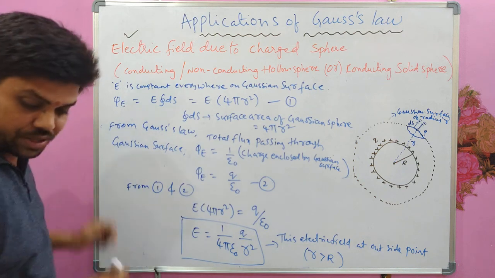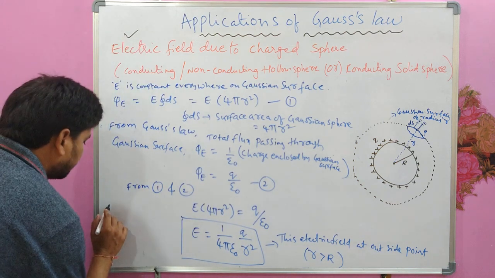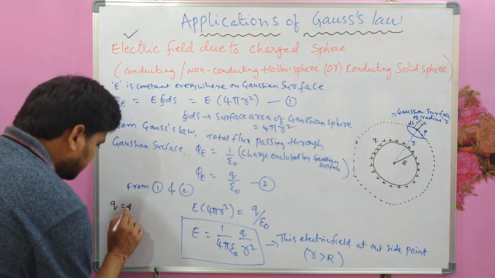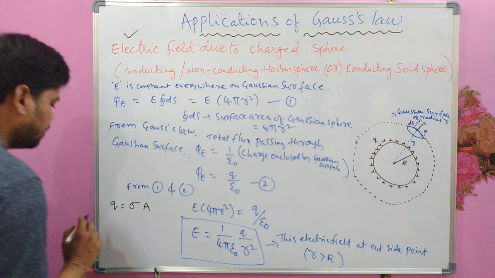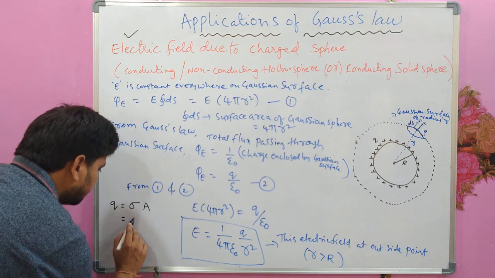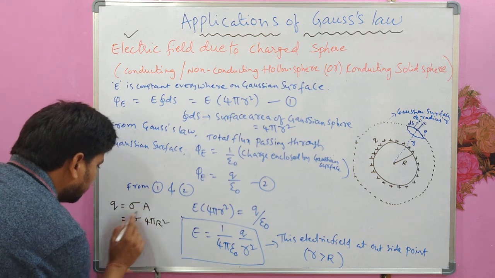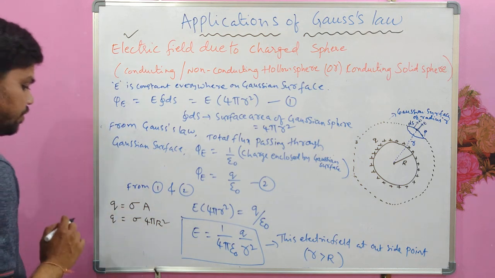And we know that in the beginning we also saw that Q equals sigma A, where A is 4 pi r square and sigma is the surface charge density.